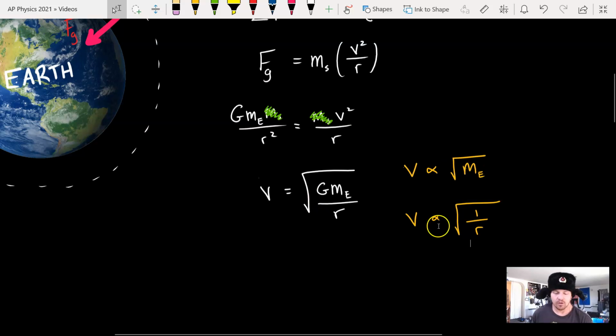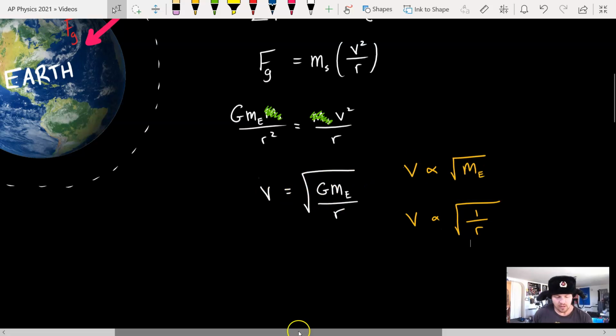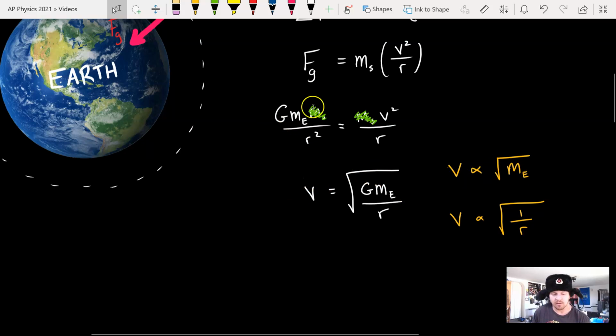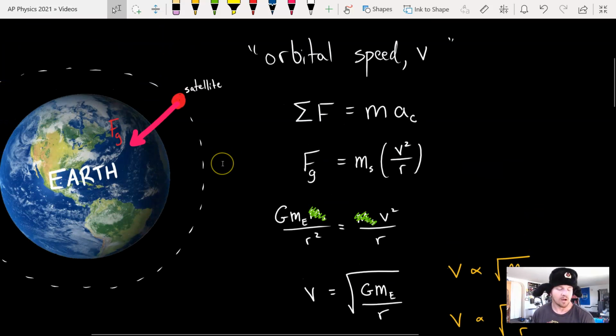Why does this matter? Well, what's kind of weird and a little counterintuitive is the mass of the actual satellite. You remember that canceled out. The mass of the actual satellite has nothing to do with this, which was always counterintuitive to me because I would think if this thing is heavier, it's going to go slower or something. But that plays no role, right?